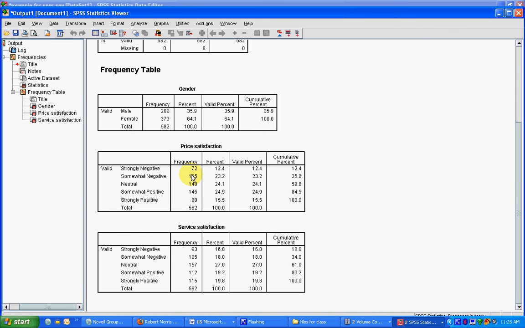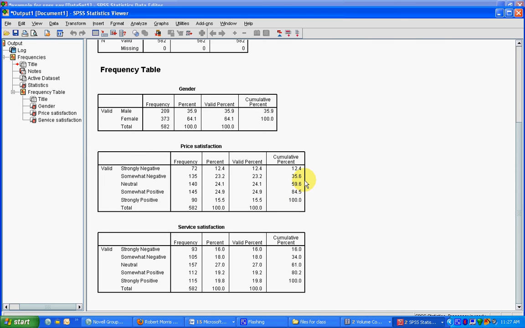I look to the somewhat negative category, and I see that 135 respondents were somewhat negative with regard to their price satisfaction about our stores. That's 23.2% of the sample and 35.6% overall.